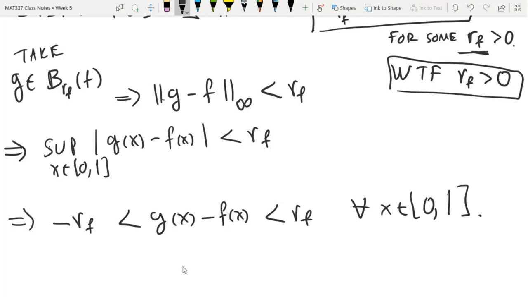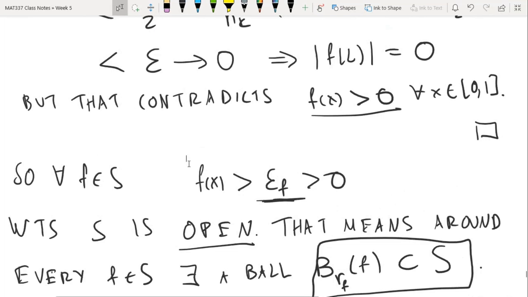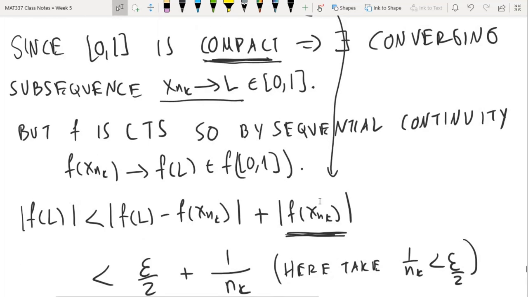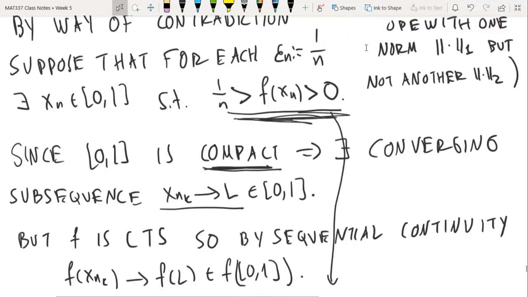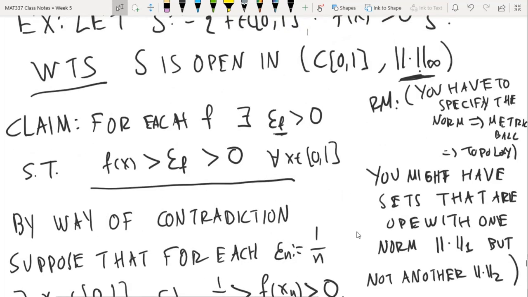Where did the 1 over n k come from? Good. It came from over here.